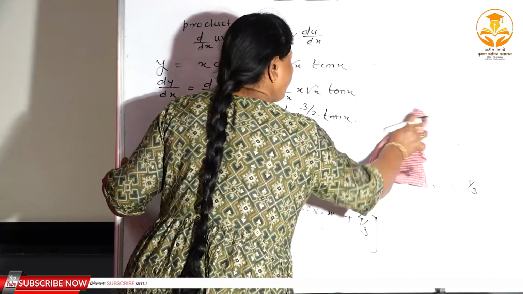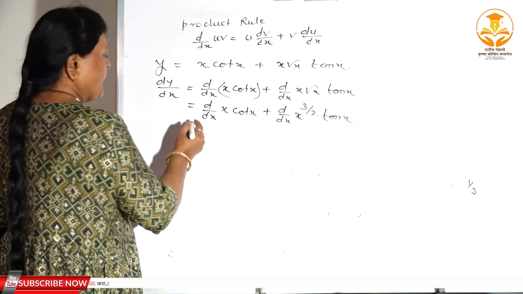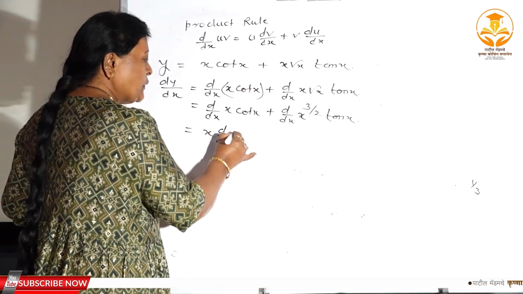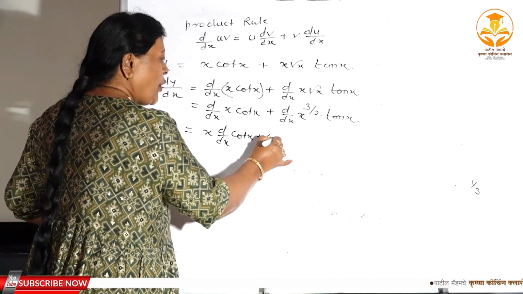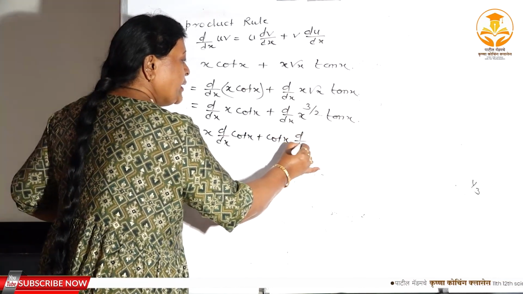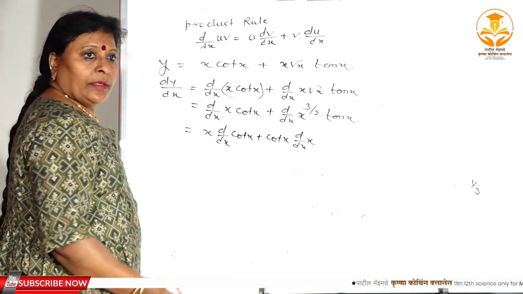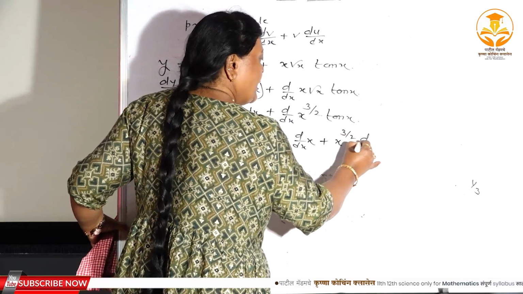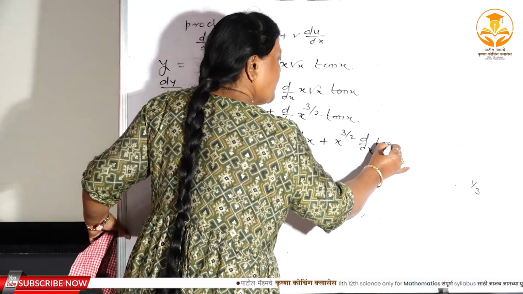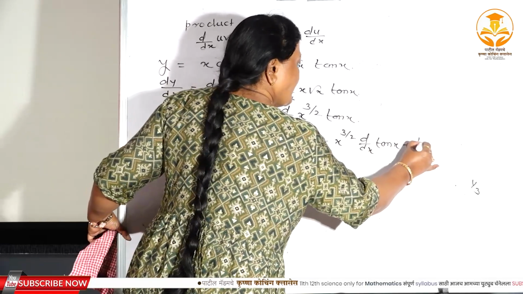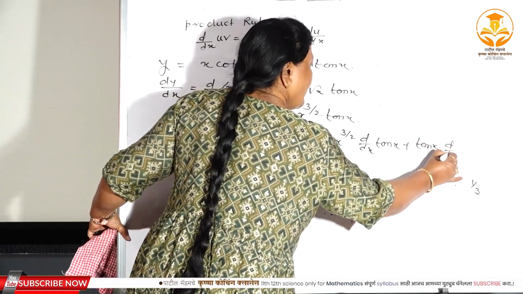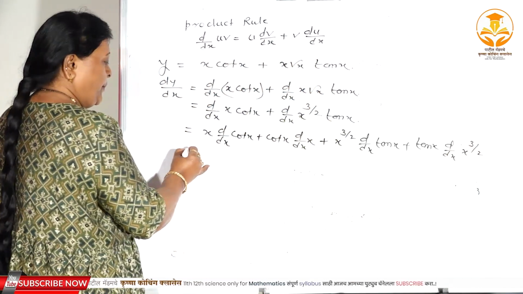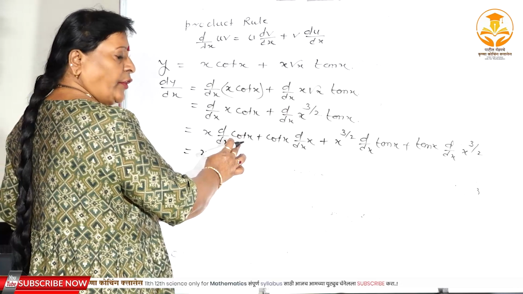See here, the multiplication rule. Again x remains as it is, d/dx of cot x, plus cot x remains as it is, d/dx of x. Right? Now again x to the power 3 by 2 remains as it is, d/dx of tan x. Here also you have to apply the multiplication rule. Tan x remains as it is, and d/dx of x to the power 3 by 2. Right? Now see, what is the derivative of cot x?